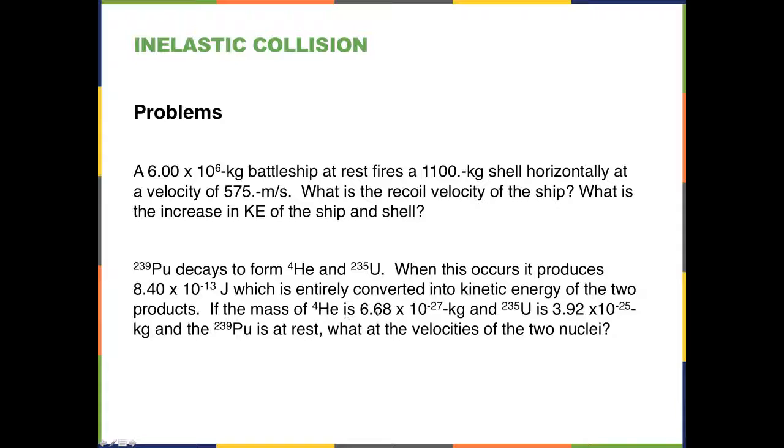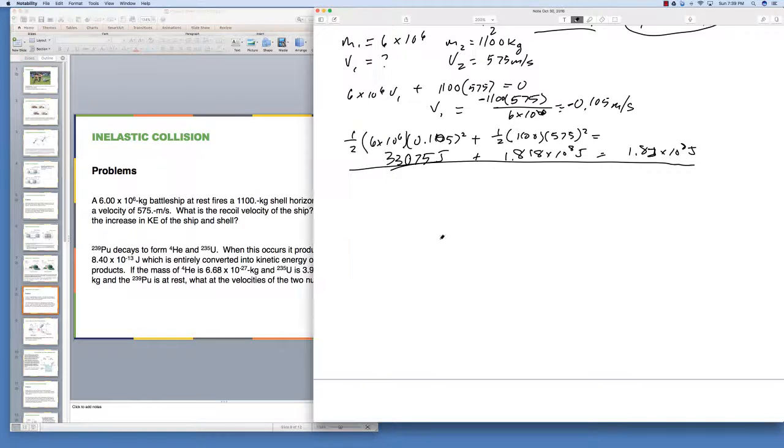If the mass of the helium is this and the uranium is this, and the Pu is at rest before it splits, what are the velocities of the two nuclei? Now this one's a little bit more complicated than the last one. And what you have to see is that the two are not moving.